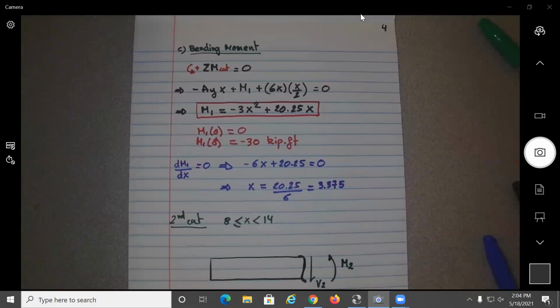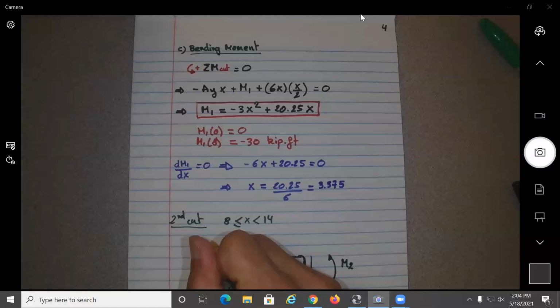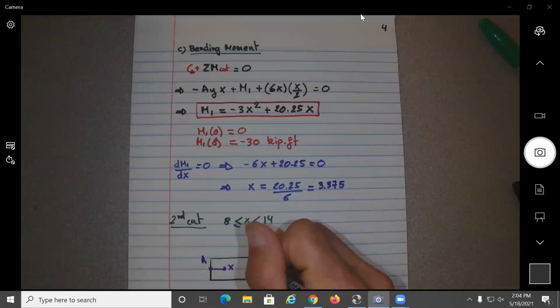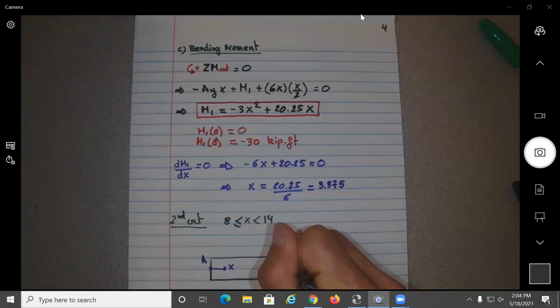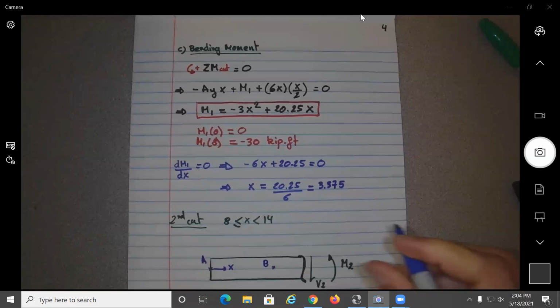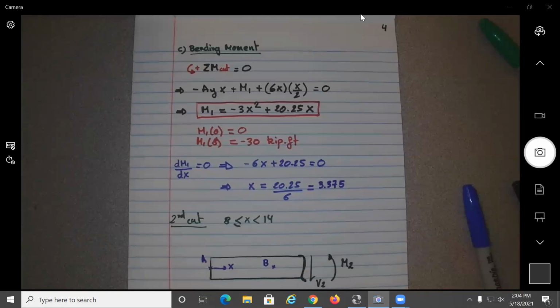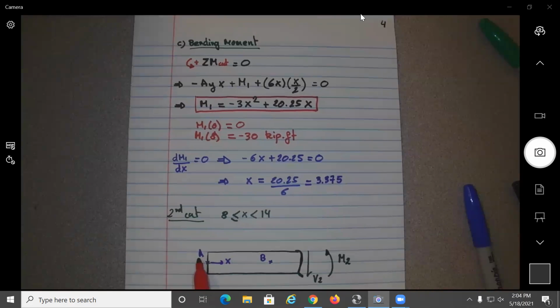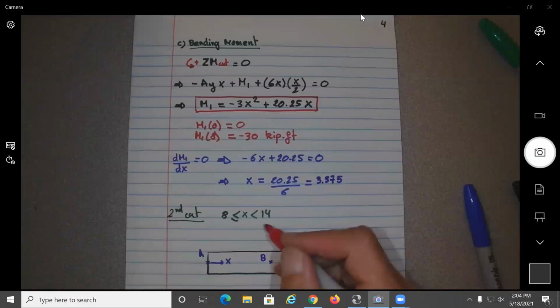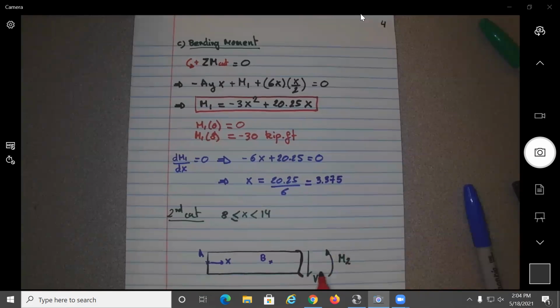So this is point A over here, where we're going to have the X. Let's say it will be point B over here. All right. So 8 to 14, 0 to 14. With the second cut is between 8 and 14. The figure I'm going to do is from 0 to X.